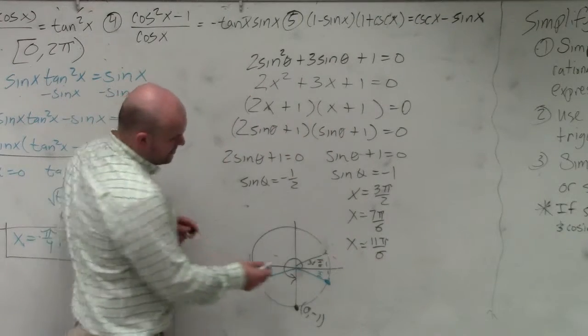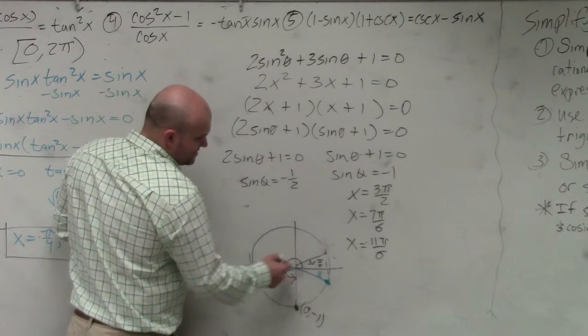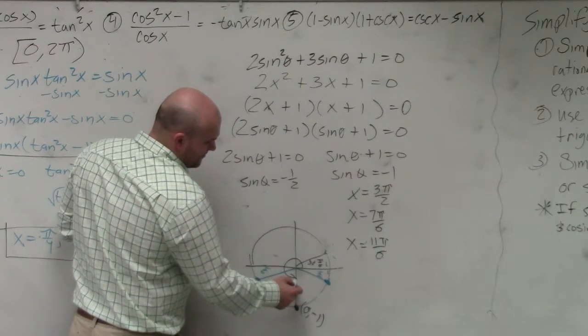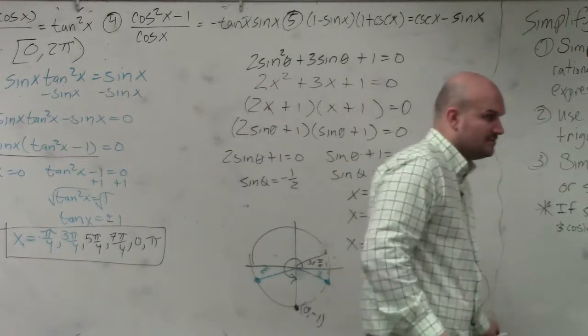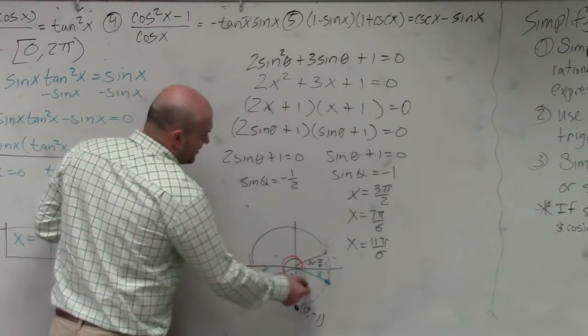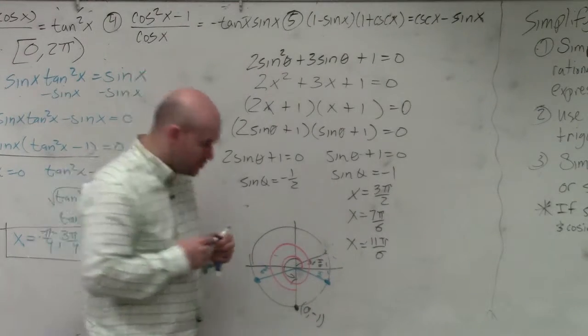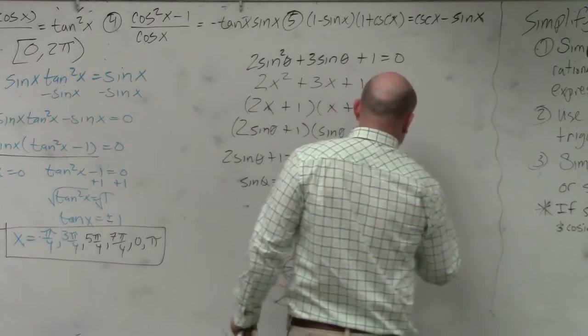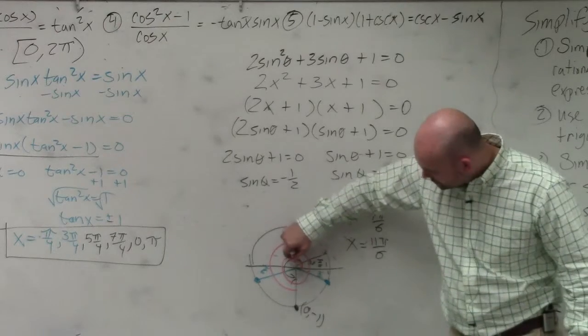Now, once we have this, we know this is our answer. To get to the next answer, how far around my circle do I need to go? If here's my answer, if I go around once, that's a distance of 2 pi. And how many times can I go around 2 pi? n. Here's one solution.